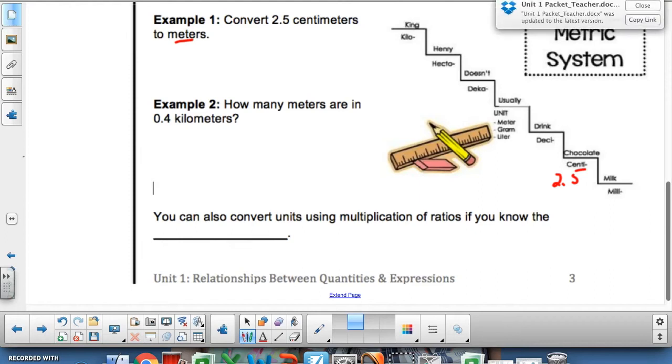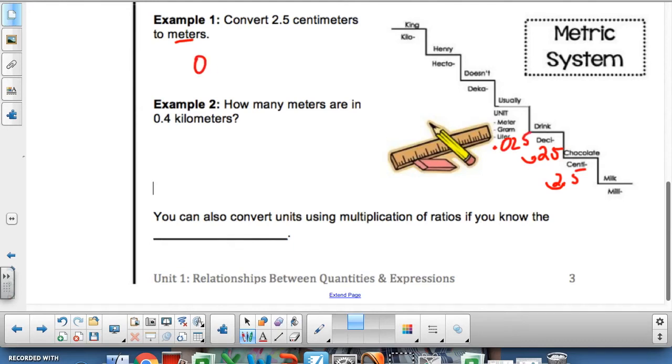So as I go up to decimeters, that decimal place would move over one space, so I would end up with 25 hundredths. And then to go up to meters, I'm going to move it one more, so then I end up with 25 thousandths. So my answer is 25 thousandths of a meter.